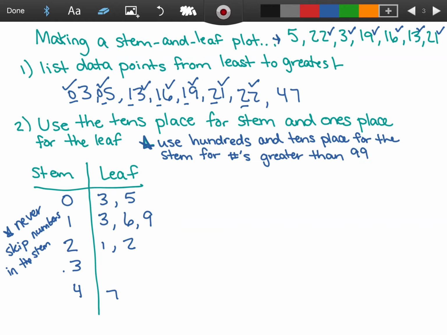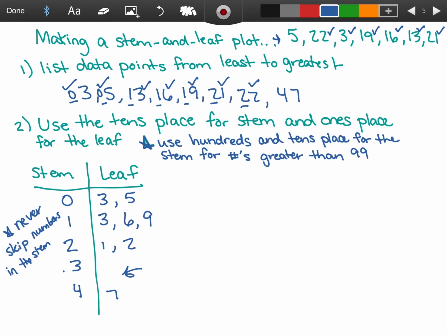Okay, and if you have a number that doesn't show up, but you have the stem like 3, you just leave it blank. Like 30 or any number in the 30s wasn't in this data set, so we had to leave the 3 blank. That's what I'm talking about right here.